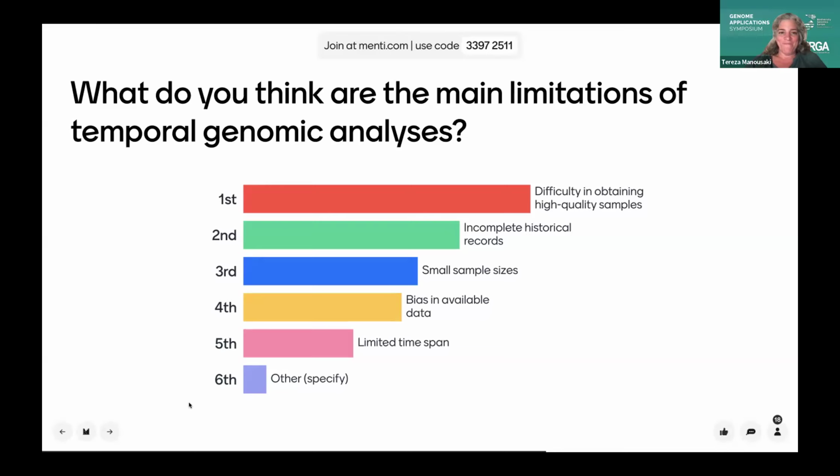José? Yes, just a note on this. Of course, for the past, we can't control what has been collected and how it is preserved and what it represents. But we also need to consider that the present is the past of the future, right? And so, coming back also to Katya's comment in the chat, preserving samples right now, so biobanking, metadata collection, is really important, so that in the future temporal analyses are more like monitoring studies.